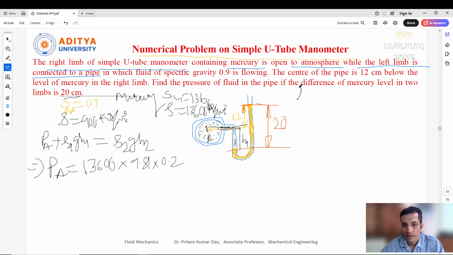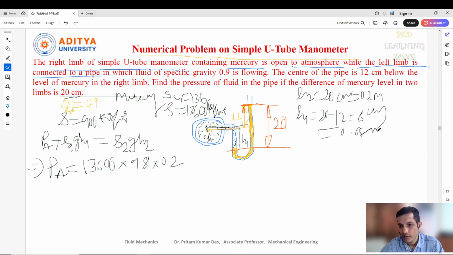Let's write here H2 equal to 20 centimeter, which is nothing but 0.2 meter. And similarly, H1 equal to 20 minus 12, that is nothing but 8 centimeter, or you can write 0.08 meter.